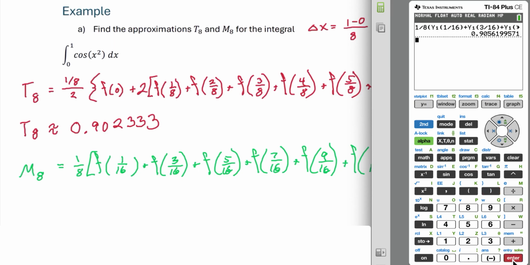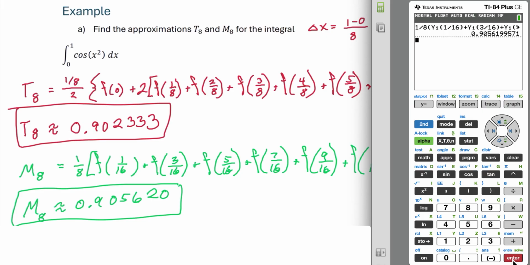And for this rule, we get M8 is roughly 0.905620 if we're rounding to 6 decimals.